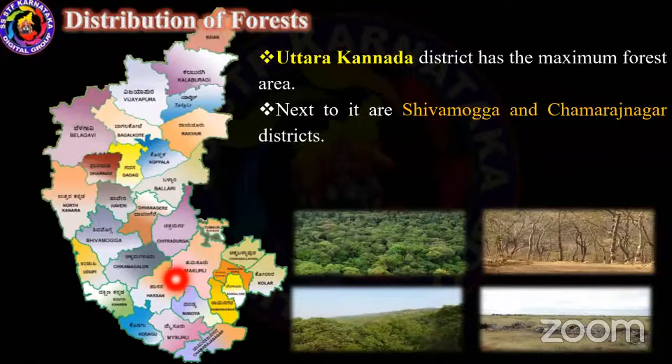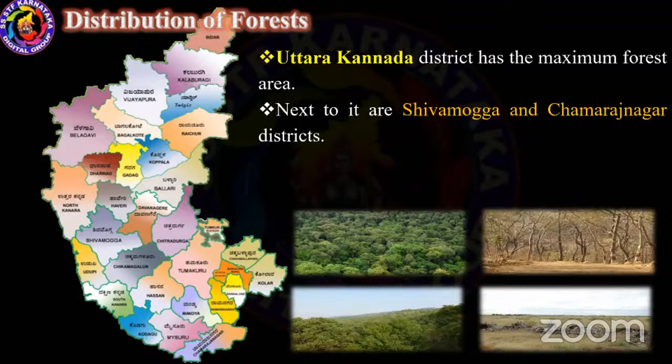I can't drag that pointer down. Just understand, Chamarajanagar is below Mandya district, below Mandya and Mysore. First is North Canara, second Shimoga, and third Chamarajanagar. These districts have more forest area in entire Karnataka.